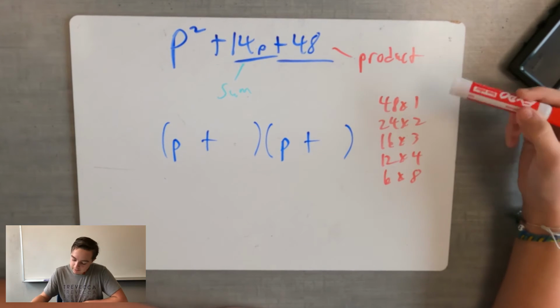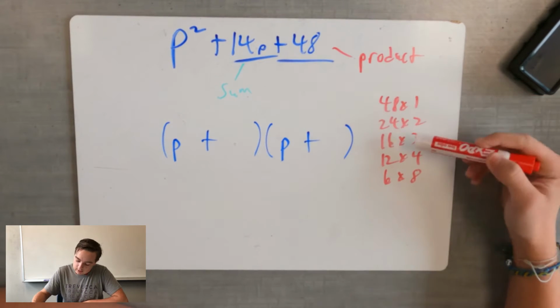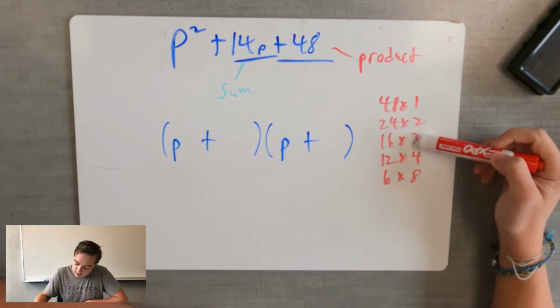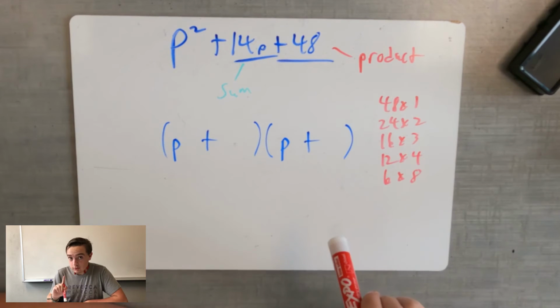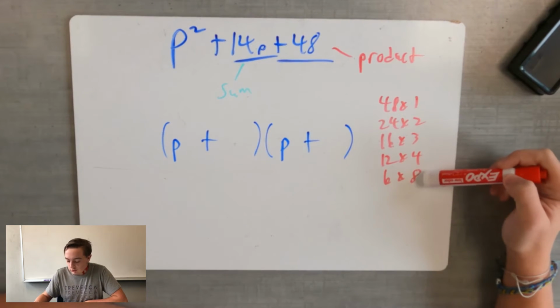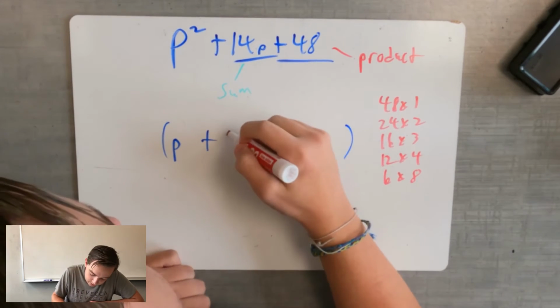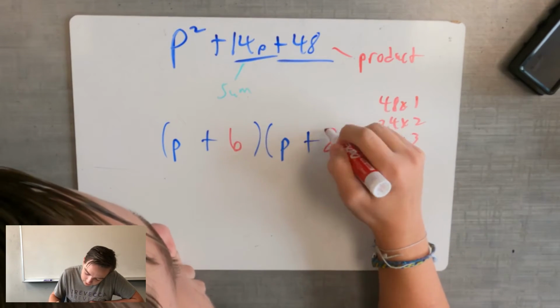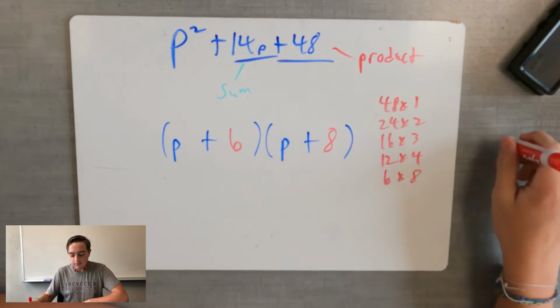No, it adds to 49. 24 times 2 adds up to 26. 16 and 3 add up to 19. 12 times 4 adds up to 16. We're close, but not quite there yet. Now 6 times 8, those two numbers do add up to 14. So we're going to plug in those two numbers into the equation, and we have our factored function.